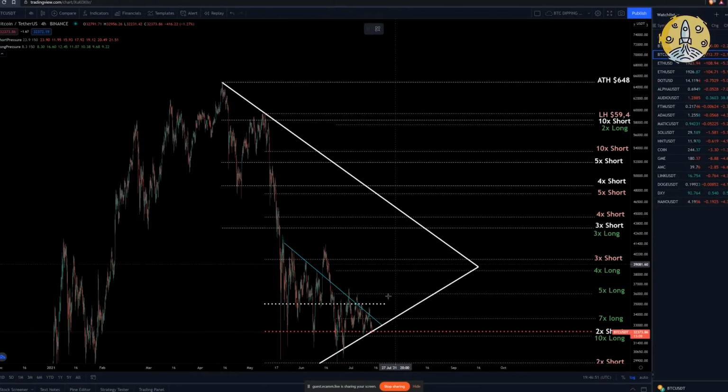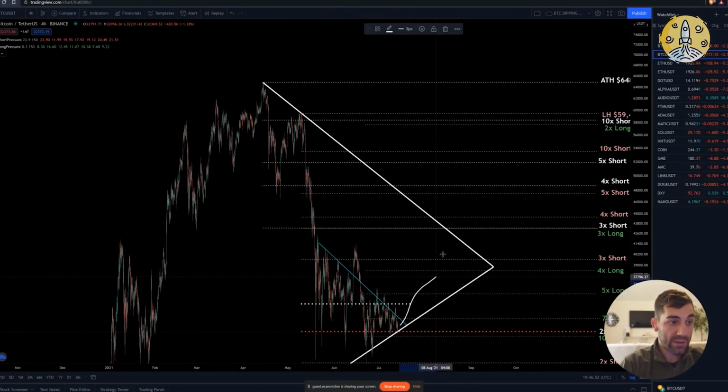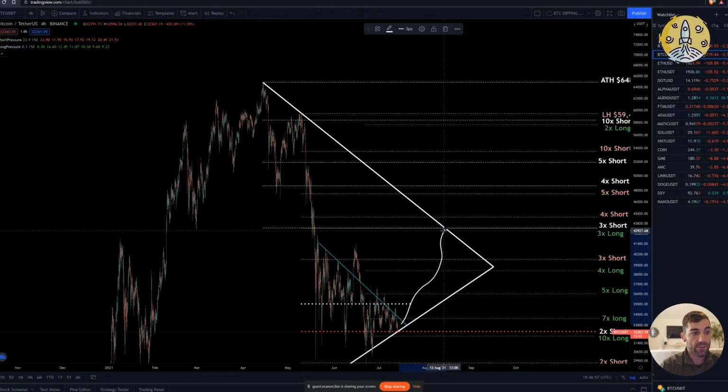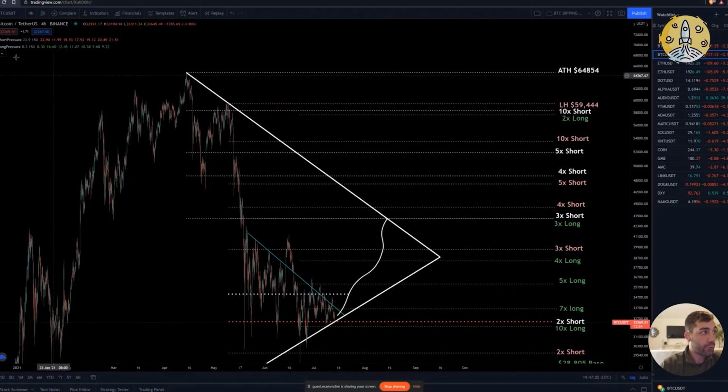All this to say is $43,000 is going to be a very difficult place for Bitcoin to break through. Now, I'm bullish on the market. All right, I'm bullish on Bitcoin potentially going back into a bull market. However, I do expect some sort of short-term resistance at $43,000. Maybe we go up to $43,000.